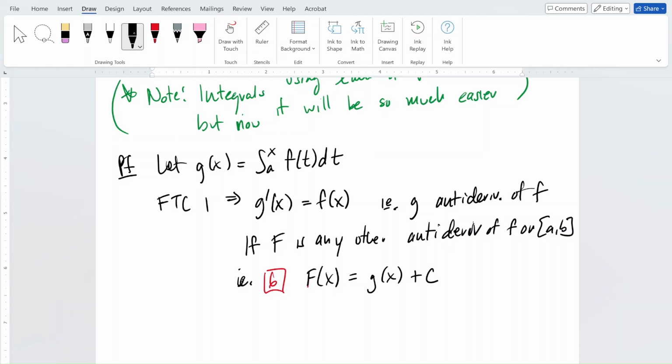And this would be true for your x being between your a and b still.